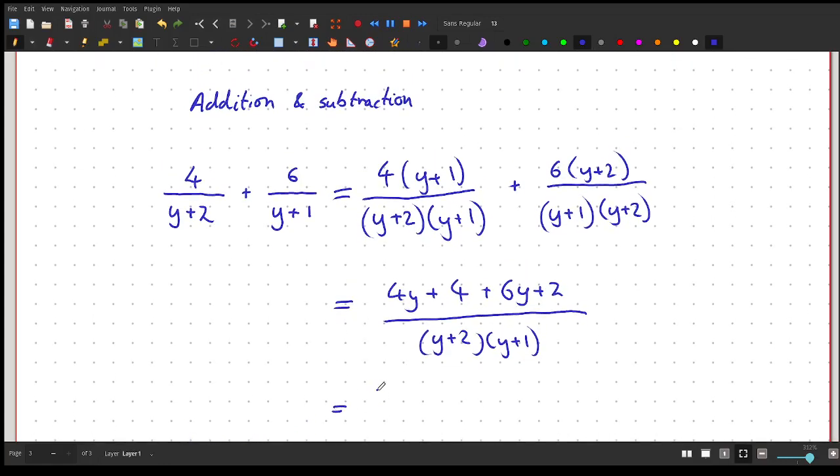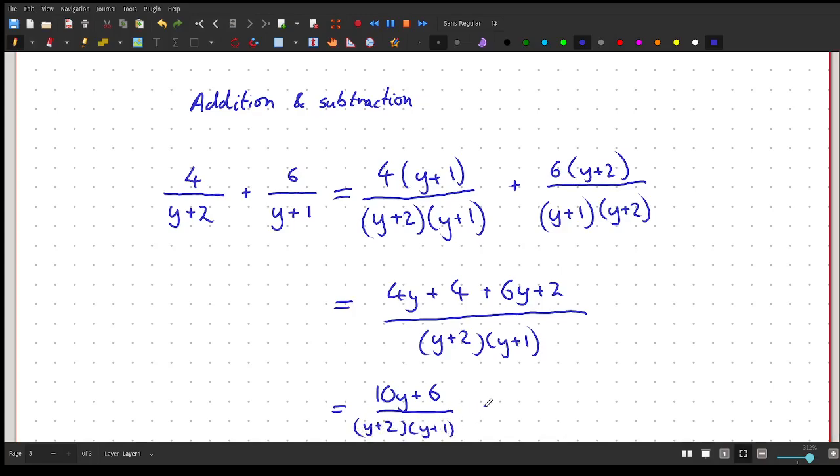Simplify, we're going to get 10y plus 6 over y plus 2 and y plus 1.